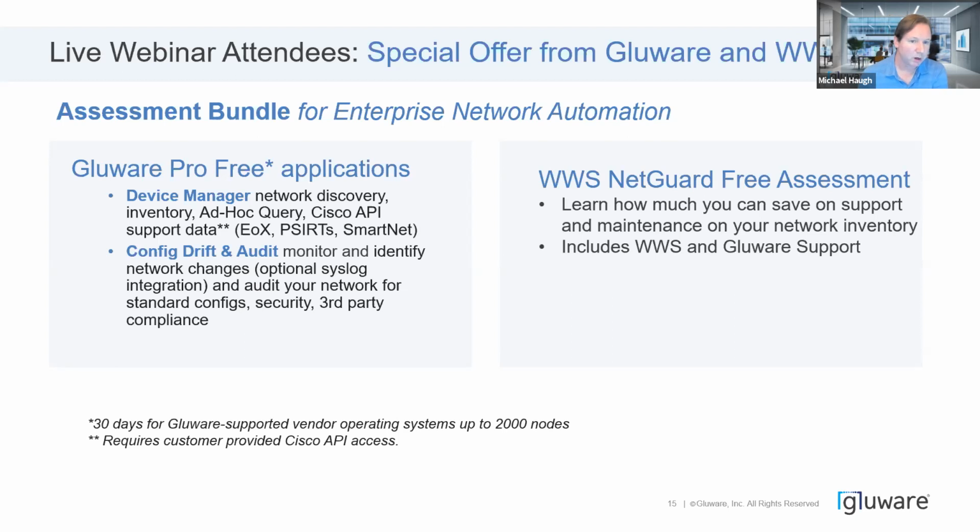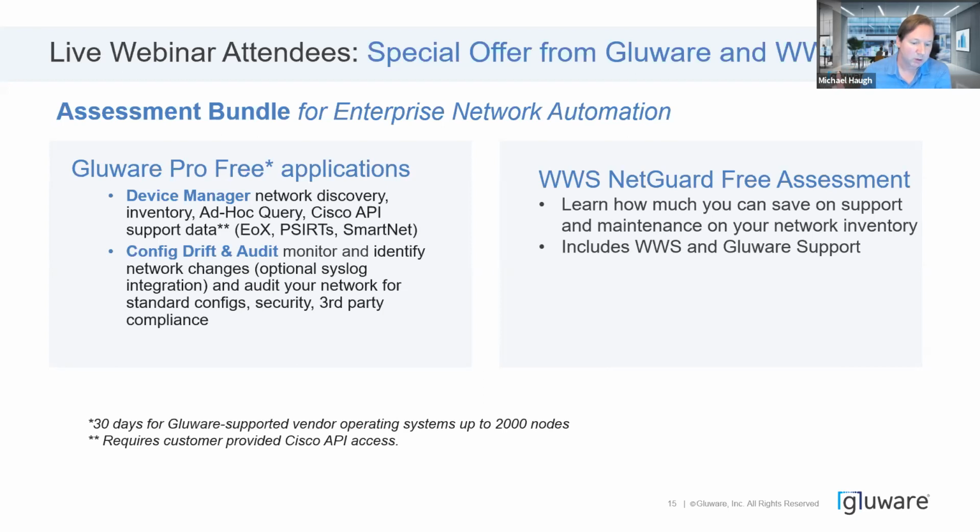So what the offer is made up of is something delivered on our Gluware Pro platform. So it runs as a SaaS. As I mentioned, all that's needed on your site is you install a lightweight virtual machine that is a Gluware secure gateway. Everything going up to the cloud is encrypted. Everything in the cloud is encrypted.